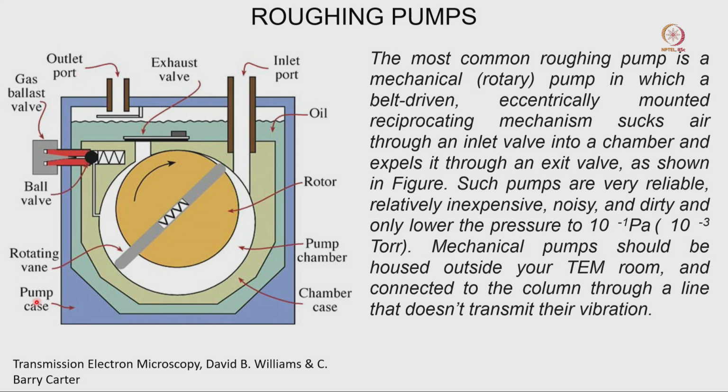This is our rotary pump or roughing pump, where there is a valve closely connected with the wall. This is the inlet, which connects with any chamber or device we want to put under vacuum, and this rod will rotate very tightly. This is the rotor, this is the pump chamber, and this is the casing of the chamber.